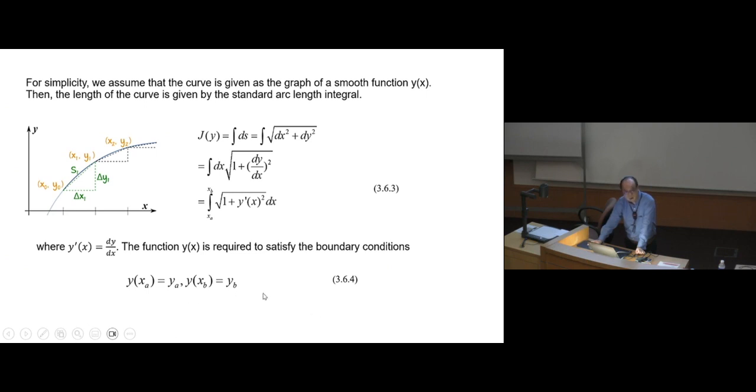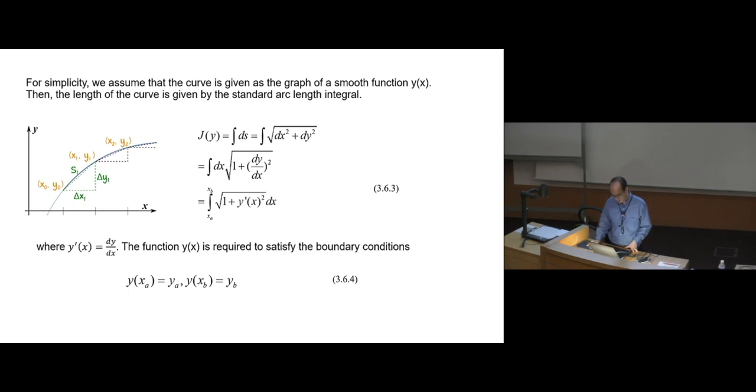Instead, we pose a condition on the derivative. But here the boundary conditions are different for the Euler equation. That's the difference you want to keep in mind, because that will also change the way you solve it.